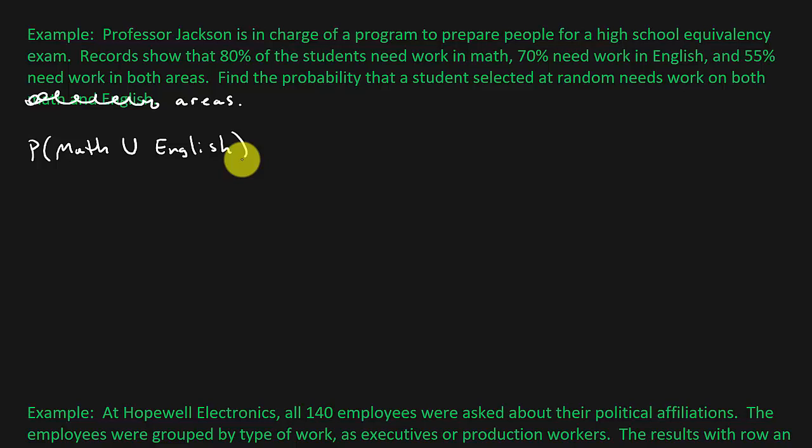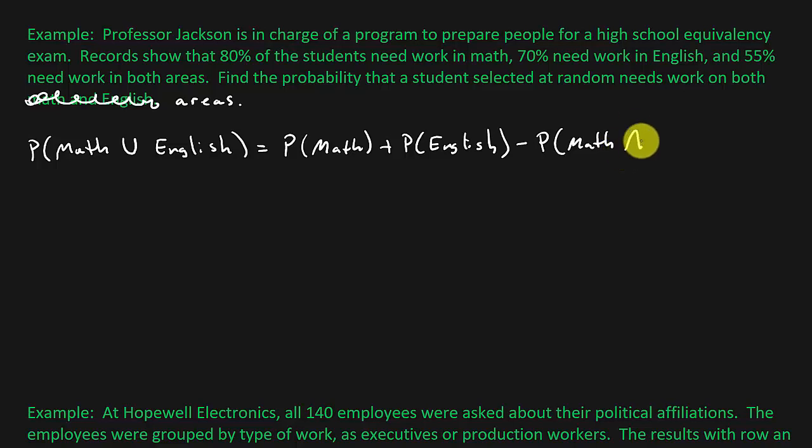No, because you can need help in math and English, can't you? You could need help in both areas. And they actually give us that probability, 55% in both areas. So this is going to be the probability that we need help in math plus the probability we need help in English minus the probability that we need help in math and English.